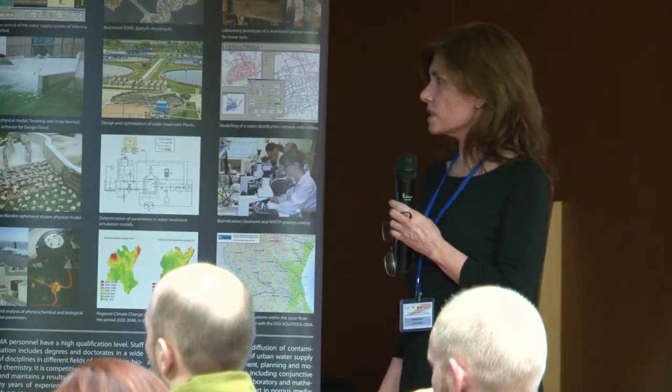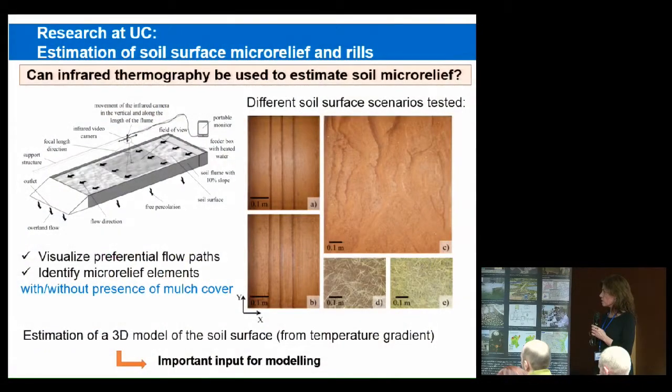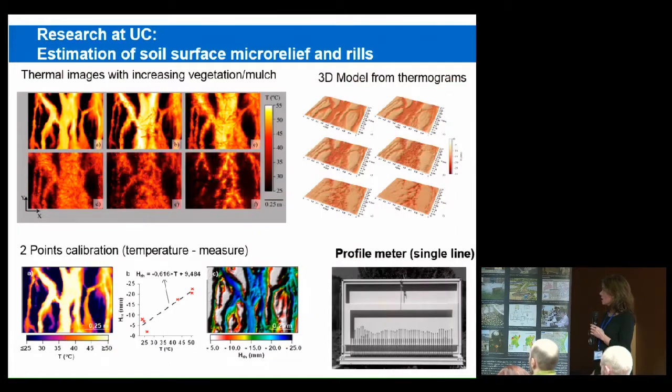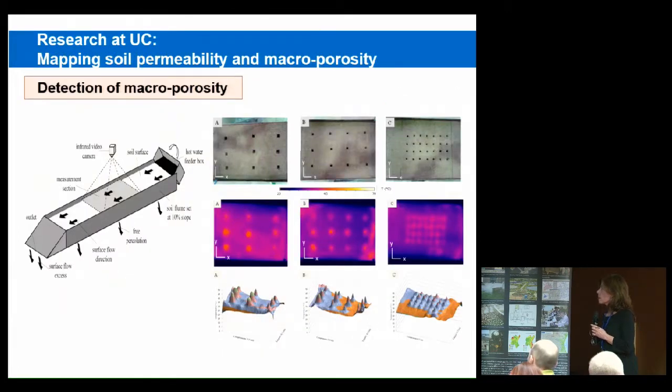Our final aim was in this case to estimate a 3D model of the soil surface from temperature gradients, and you can see here some results, so some thermal images with increasing vegetation mulch cover, and on the right hand side a 3D model that we have obtained from thermograms. But indeed we were succeeding to at least understand a little bit what was going on below the mulch cover, although we could not have access to it directly.